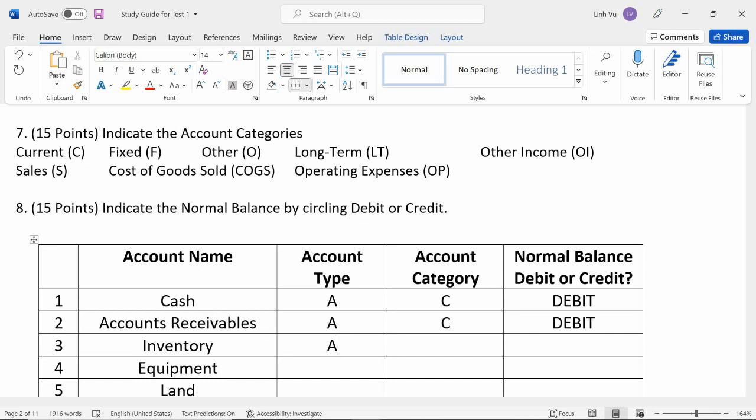Now, inventory is 100% tangible. But it is an asset, 100%. That's correct. You do own the inventory.